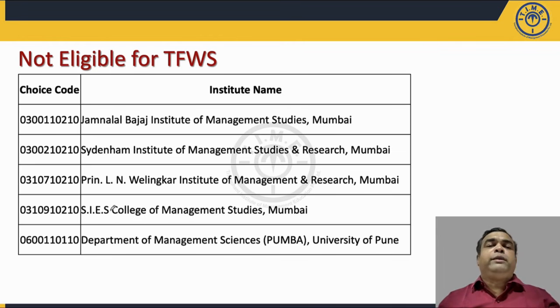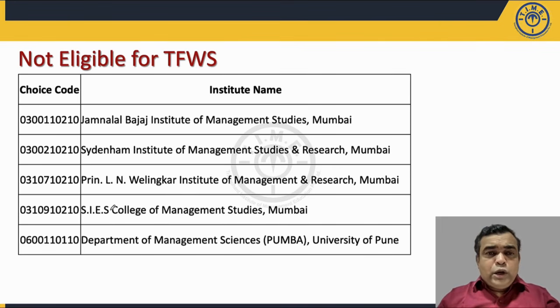Because you're not eligible for the tuition fee waiver scheme, in the regular category you'll get this admission. Your normal reservation is still there. If you belong to the OBC category, that reservation is still applicable. For that, you don't have to choose a separate code. Only the people who are claiming tuition fee waiver scheme seats have to put a separate code. So that's it. That is how you can do it for the 40 colleges.